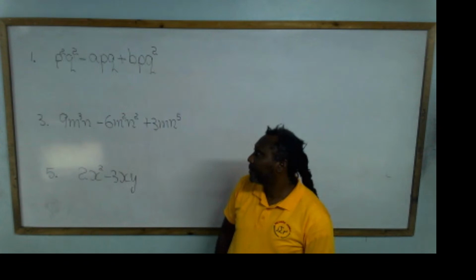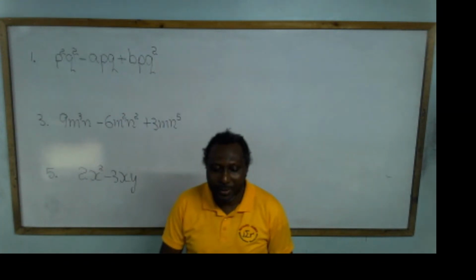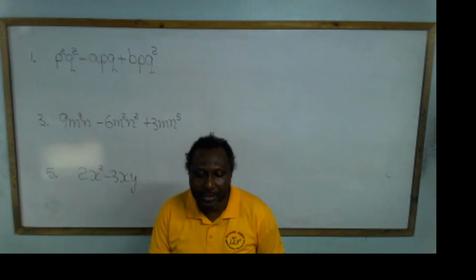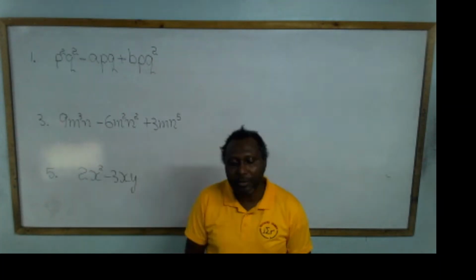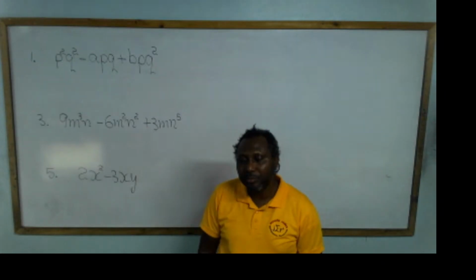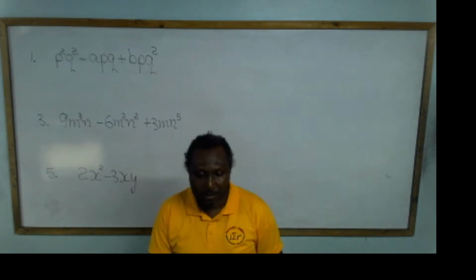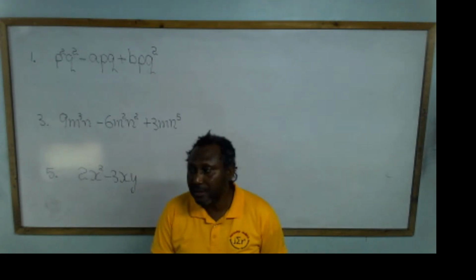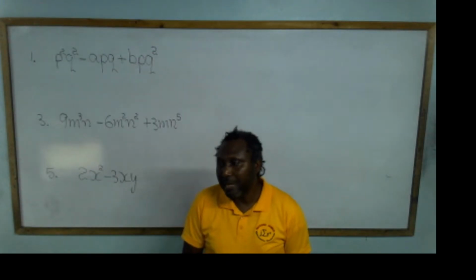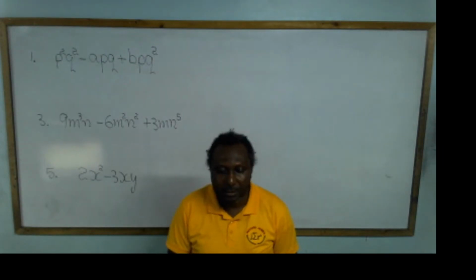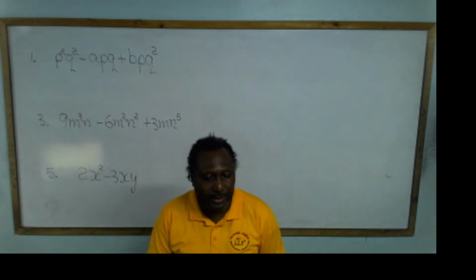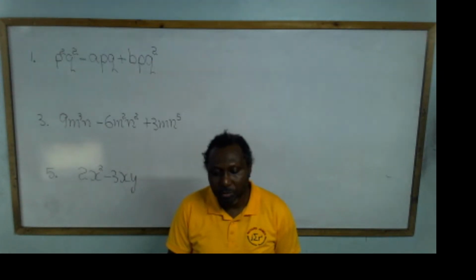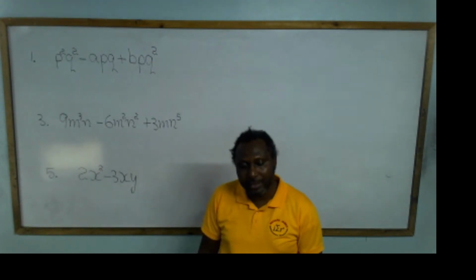Of course, we are taking a look at our basic factorization. And just like anything else in mathematics, whatever we have done before will play a very important role. Directed numbers, indices, multiplication and division of algebraic expressions will play a great role in factorization.